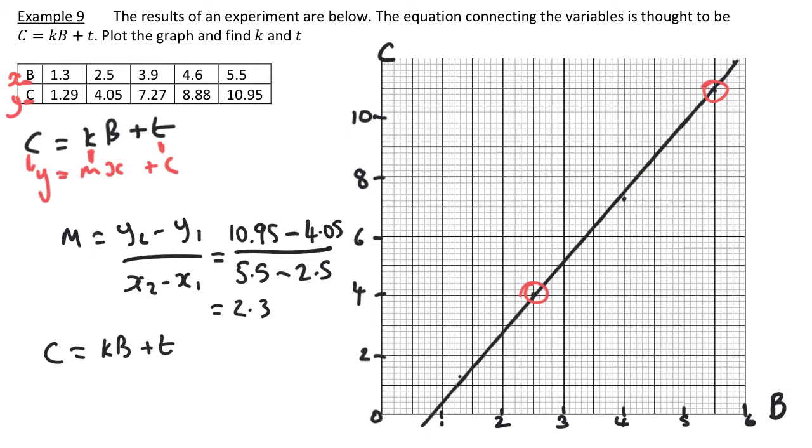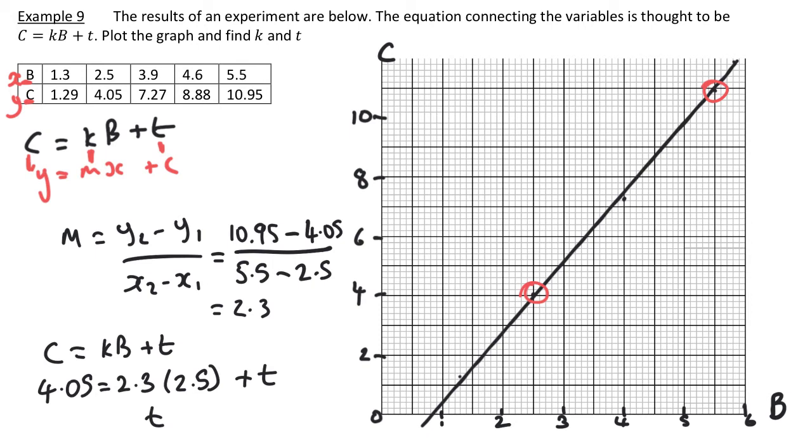We know k is the gradient, so it's 2.3, and if we use the point 2.5, 4.05, because that was one of the ones we used, the c value of 4.05 is equal to k, which was the gradient, 2.3, times the b value, which was 2.5, plus t.